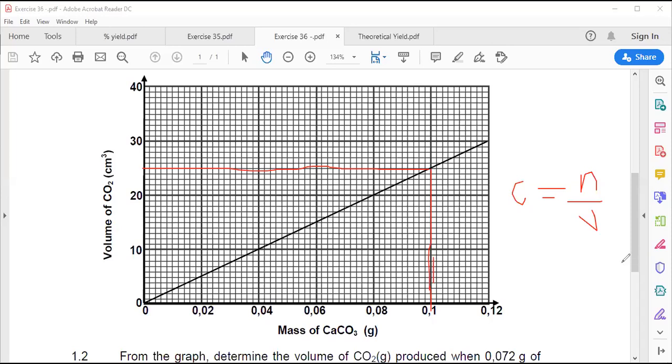Is it exactly 0.1? No, I think it's somewhere halfway. Let me remove this and double check here. Okay, we give the 0.1, so you get your 0.1.